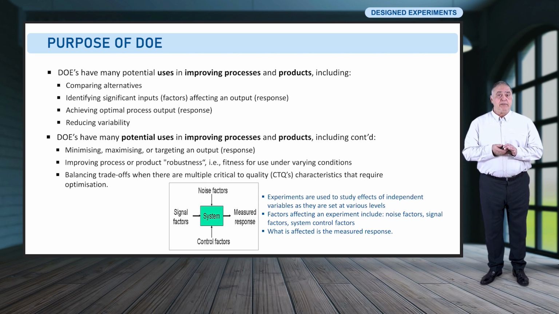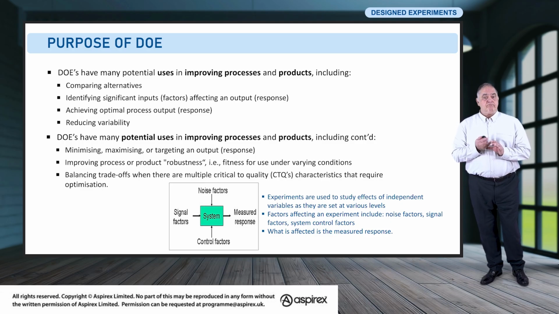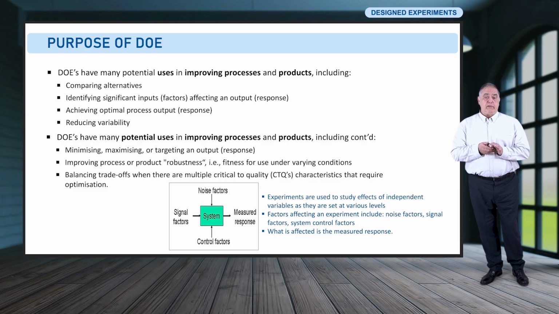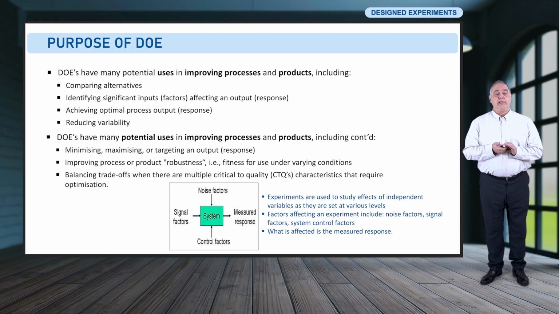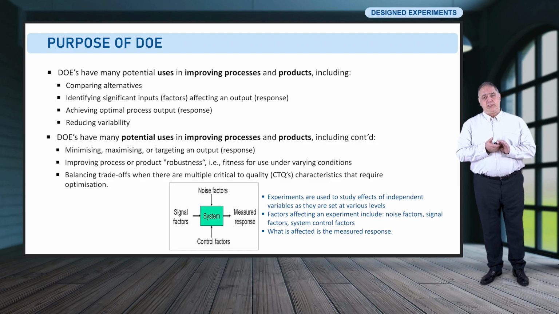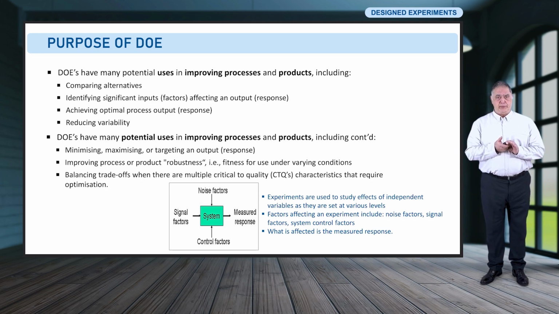Minimizing, maximizing, or targeting an output, improving process or product robustness, and balanced trade-offs when there are multiple critical to quality characteristics that require optimization. We talked about critical to quality, and these are the critical process outputs.